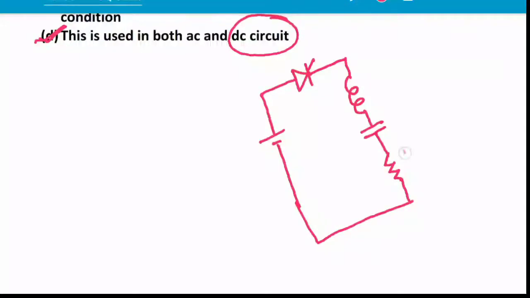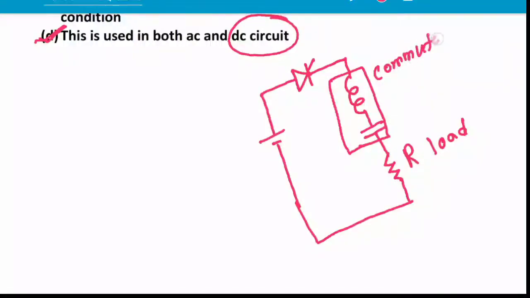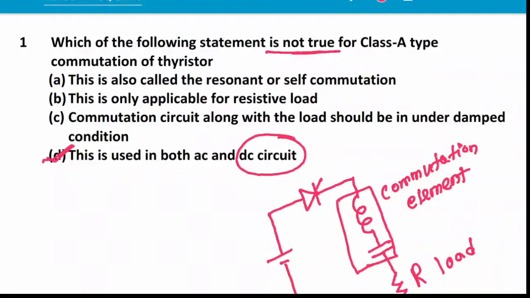This is the resistive R load, and this circuit, inductor and capacitor, is the commutation element. This is the commutation element, and due to this RLC circuit, here the resonance occurs. That is why its name is also called the resonant commutation.